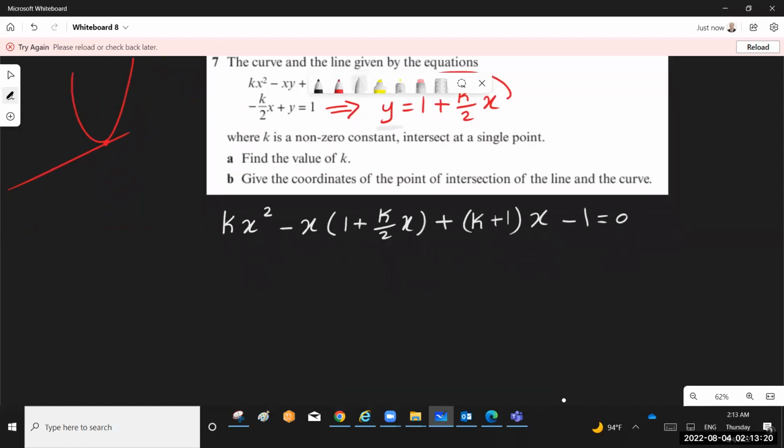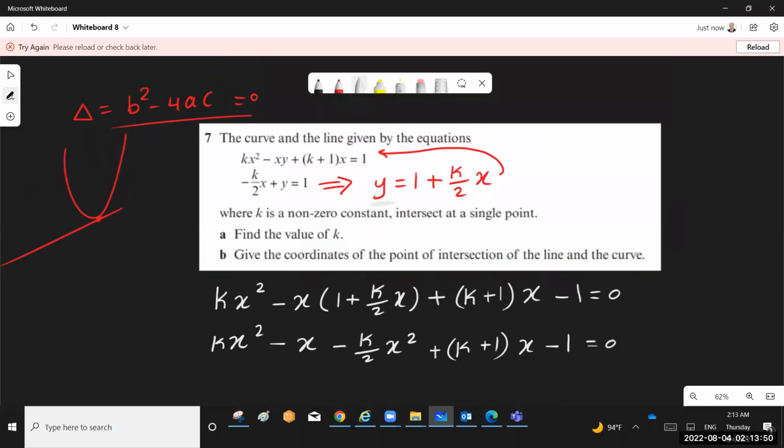Yes. Follow me. kx squared minus x minus k over 2 x squared, plus, no problem. I can keep k plus 1 x because there are only terms of x. No need to multiply inside. Minus 1 is equal to 0.